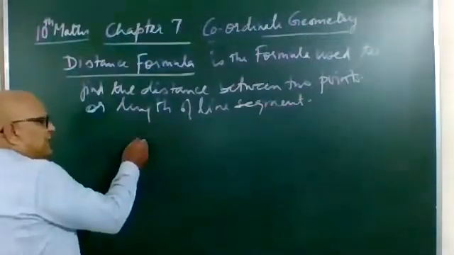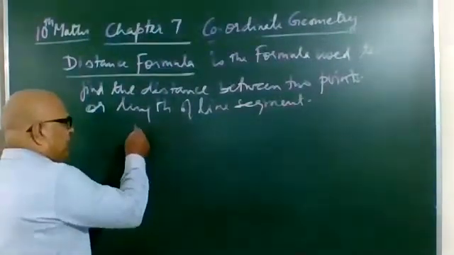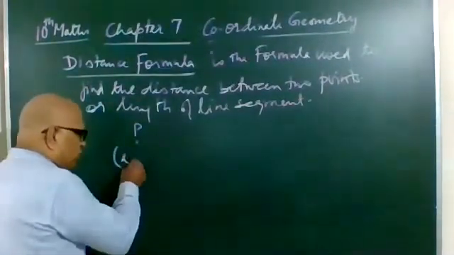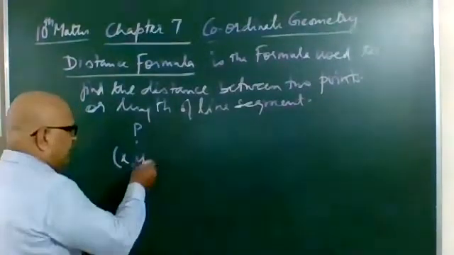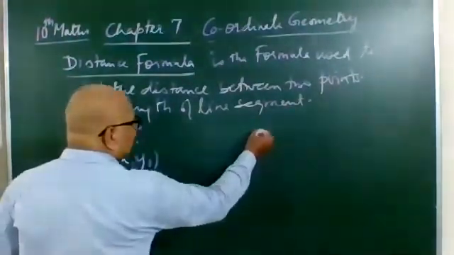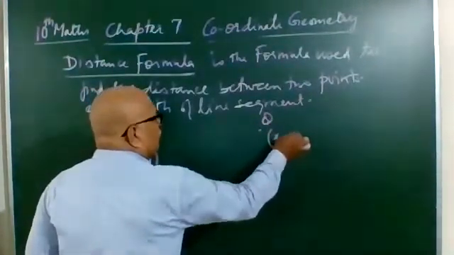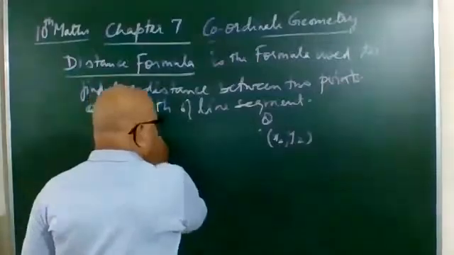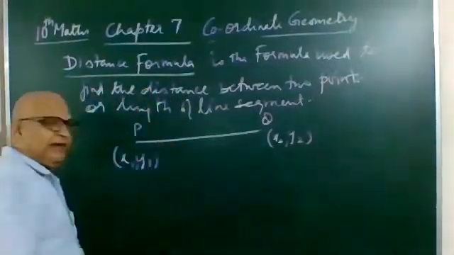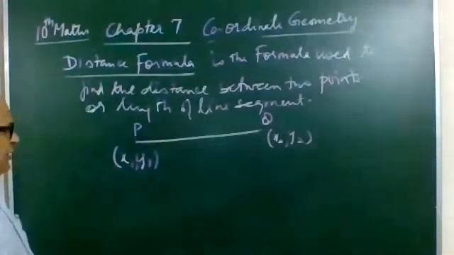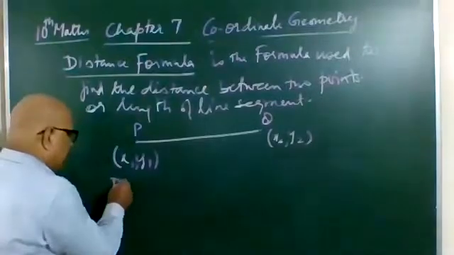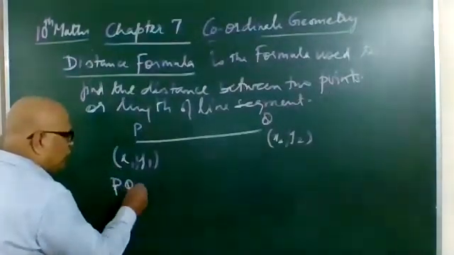That is, you can say that this is the point P, and if I say first point, you will say x1, y1, and another point is Q. This is Q, and you can say x2, y2. Now, if I join these 2 points, I will get the length of PQ. Now, PQ is equal to what?